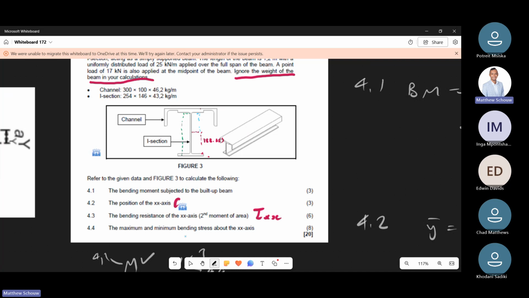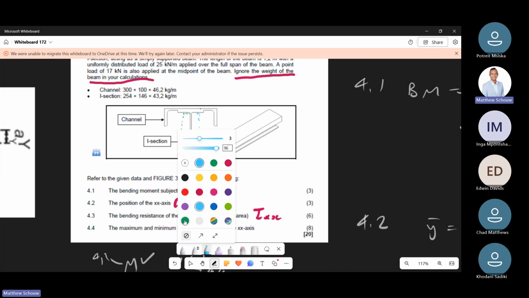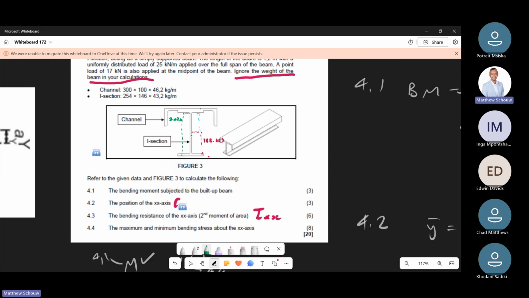Remember, we're coming from the bottom, but you can do the calculations from the top. We're coming from the centroid of the channel to this one, so all we have to do is say 242.6 minus 188.059. Are you guys with me?